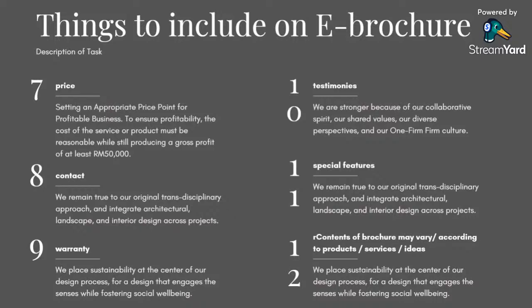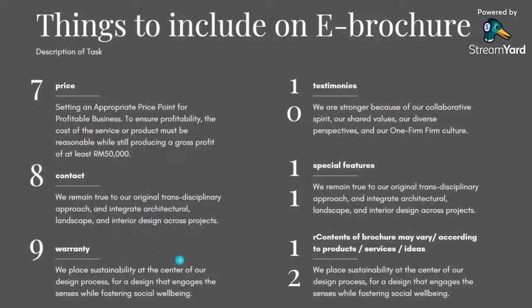And then number 8, of course, you must include contact: how your potential clients or buyers or customers could contact you to subscribe to your product or your services. So in this case, you must remain true to your original transdisciplinary approach and integrate. Oh, all right, I forgot to explain about that.